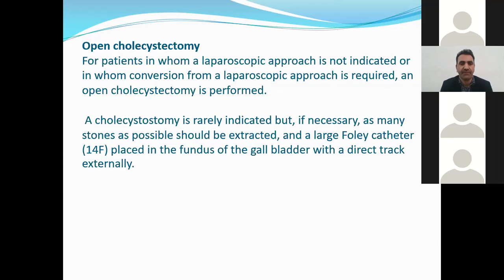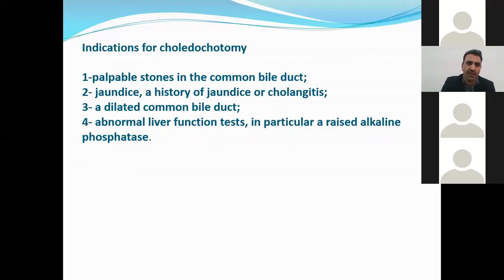Cholecystostomy, which is opening of the gallbladder, not removal of the gallbladder, is rarely indicated, but if necessary, as many stones as possible should be extracted and large ones crushed. The gallbladder is opened through an opening in the fundus, called cholecystostomy, and a tube, usually a Foley 14F, is placed in the fundus inside the gallbladder to drain the gallbladder. Okay.